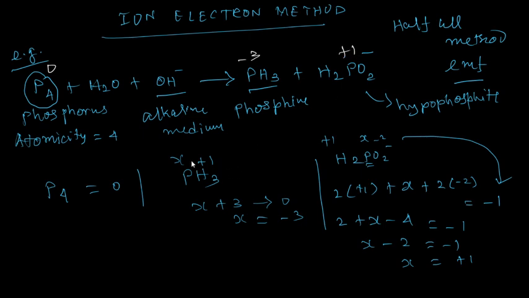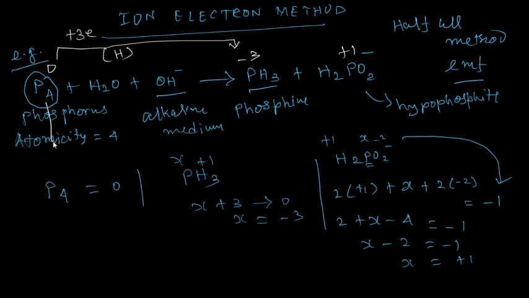Now we have to find which undergoes oxidation and which undergoes reduction. So here P4 to PH3 undergoes reduction because the oxidation number has reduced from 0 to -3. 3 electrons have been added.